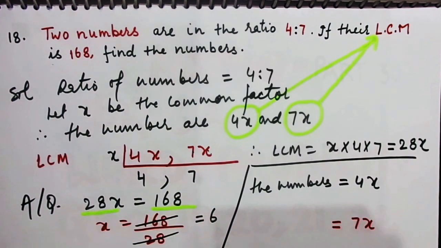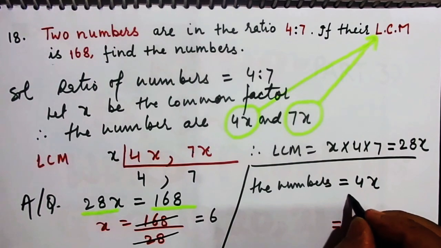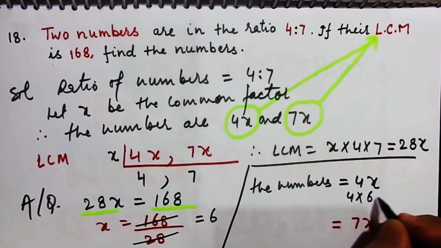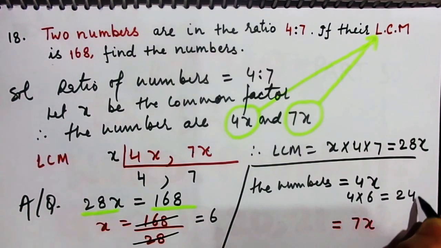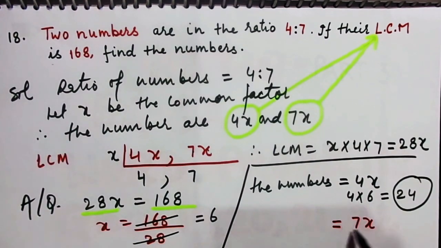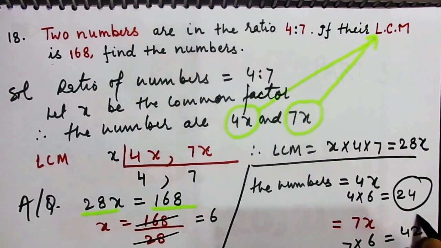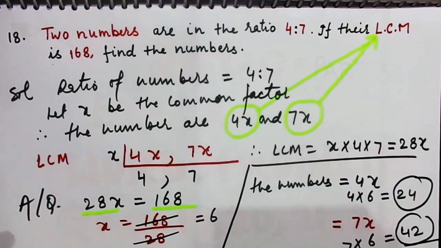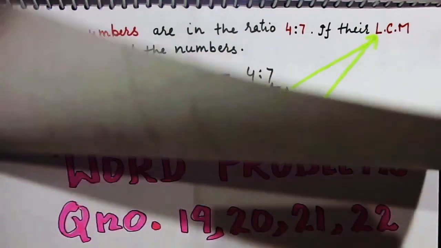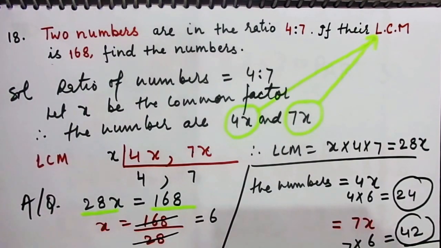So 4x means 4 multiplied by 6 is equal to 24, the first value, and 7x means 7 multiplied by 6 is equal to 42 as the other number. I hope there is no issue. Now, as I said, I'll not be exceeding question number 18.